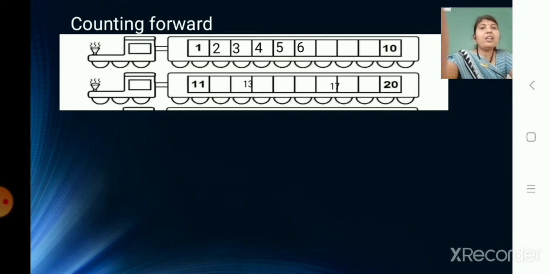We are counting forward, means we are adding one more number each time. When you add 1 to 6, you will get the after number of 6. It is 7. So write down 7. Again if you add 1 to 7, you will get the answer 8.